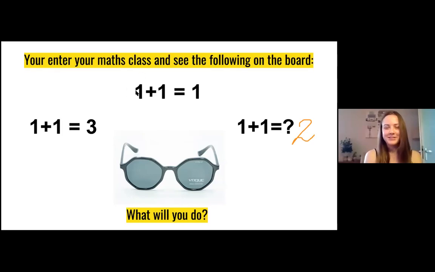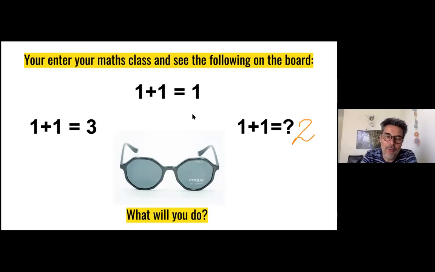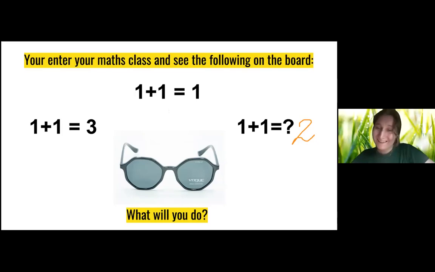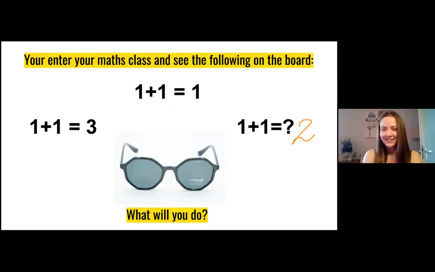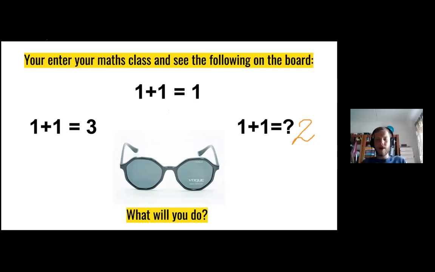Is there anyone else who thinks it's 2? No, Marcel, I see you. No, one and one is clearly 3. 3, okay. Okay, can you see Bernard? Yeah, Bernard? Well, why are the other number sentences on the board if it's 2?